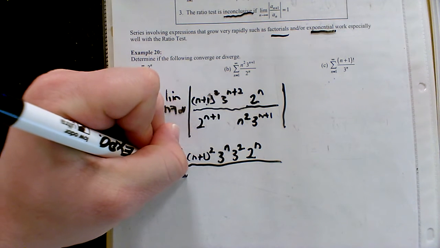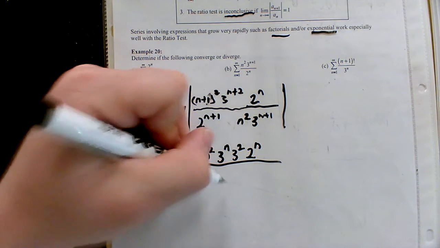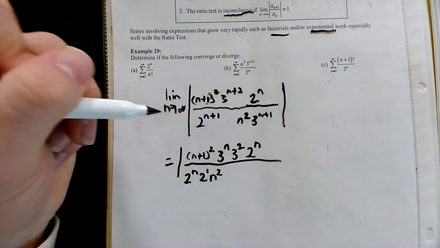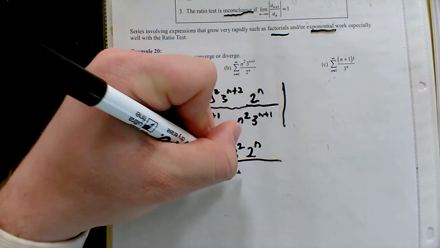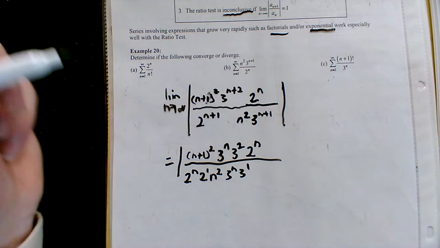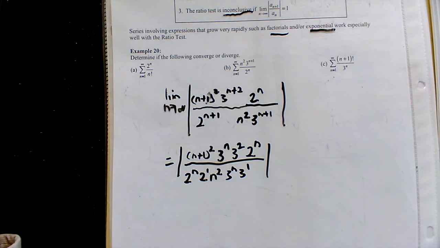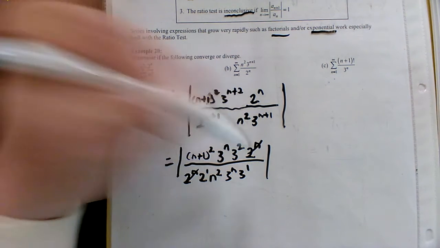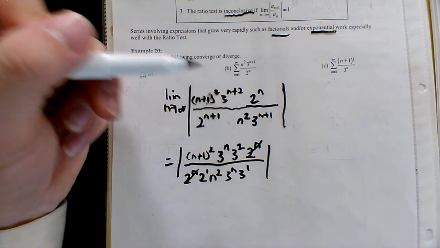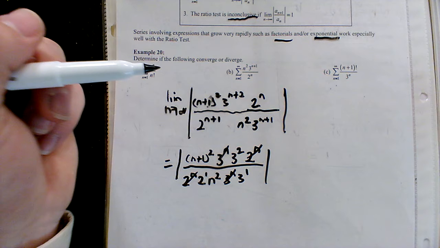On the bottom, splitting it up just like Eric said again, 2 to the n times 2 to the first, or just times 2. N squared stays the same. But then we can also break up this 3 to the n plus 1. So 3 to the n and 3 to the first. And absolute values. Now I have a 2 to the n and a 2 to the n. I have a 3 to the n and a 3 to the n.